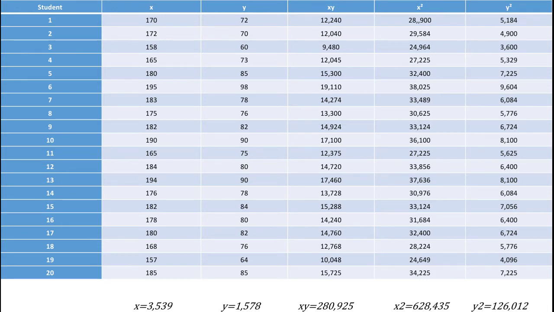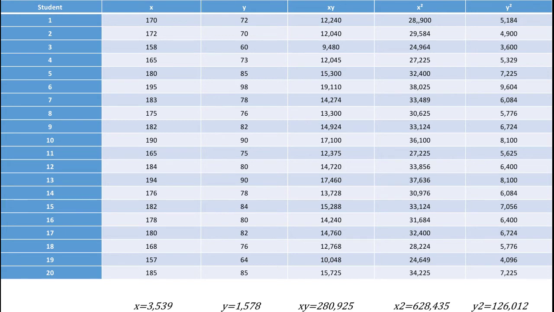To get xy, you multiply the value of x and y. Example, for our first row, 170 times 72 equals 12,240. So that is our xy.